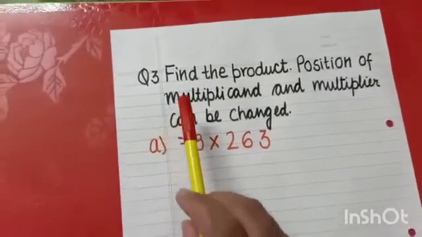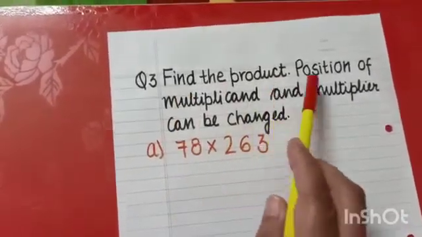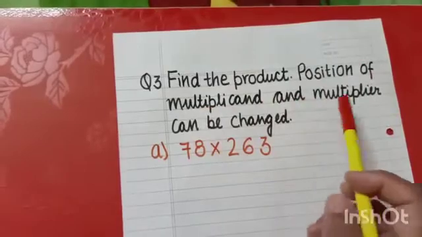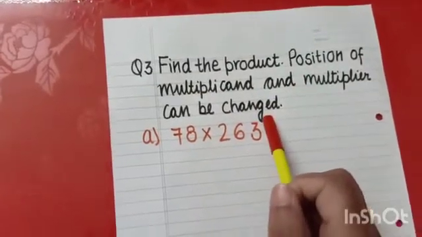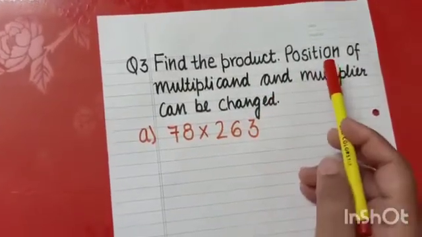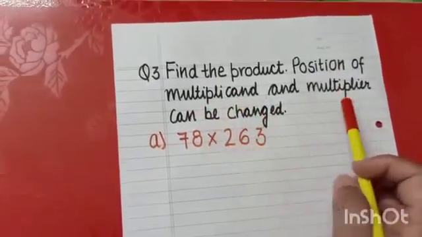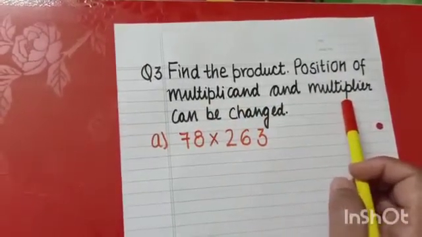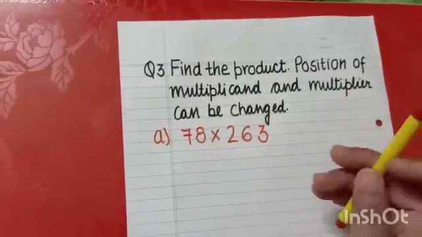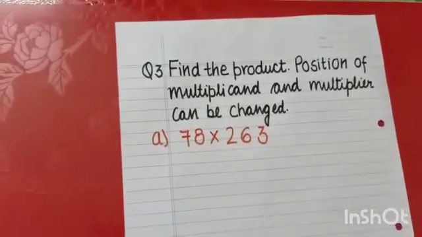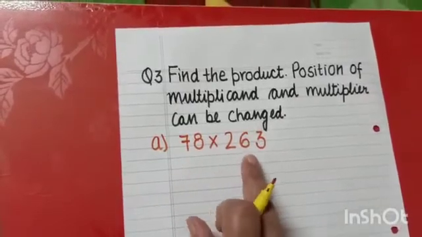So students, next question is find the product. Position of multiplicand and multiplier can be changed. As you have already learned what multiplicand and multiplier are, I had explained in the last session properly to you. So why have they written this? This is 78 into 263.